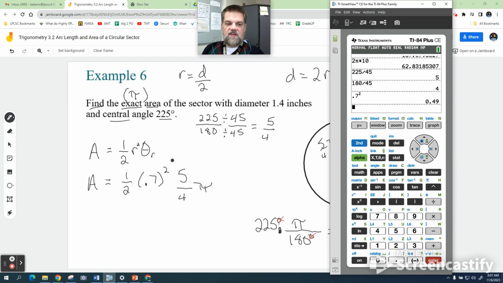So then we need to multiply that by 5. So 2.45 divided by 8. That's a weird thing to have a decimal and then leave it as pi. That's what they want to do, though.